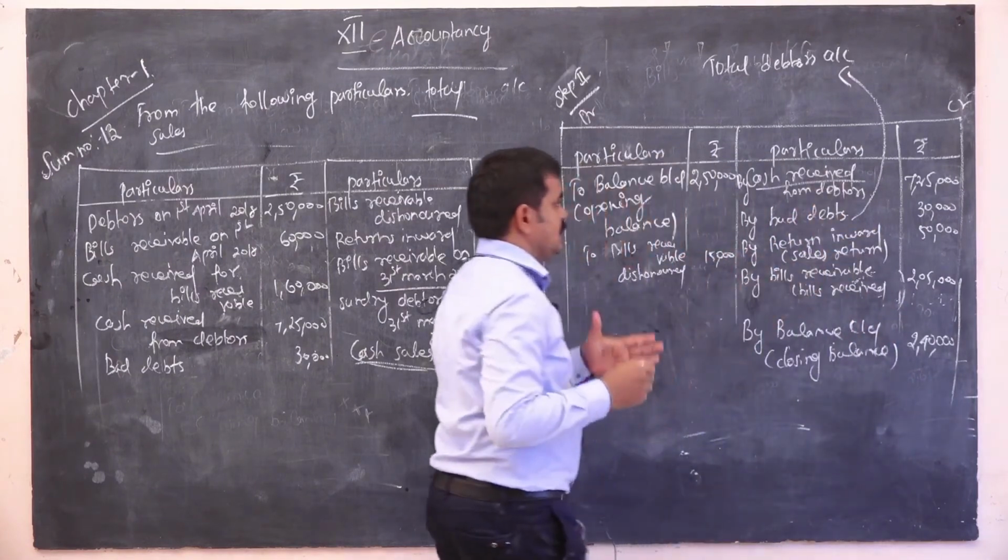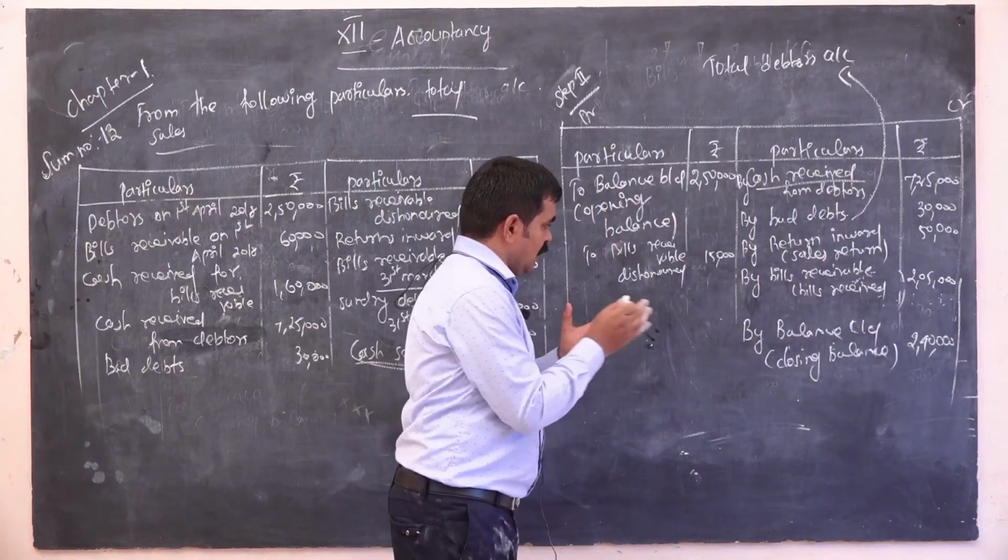All the received items, the rejected amount, comes in here.